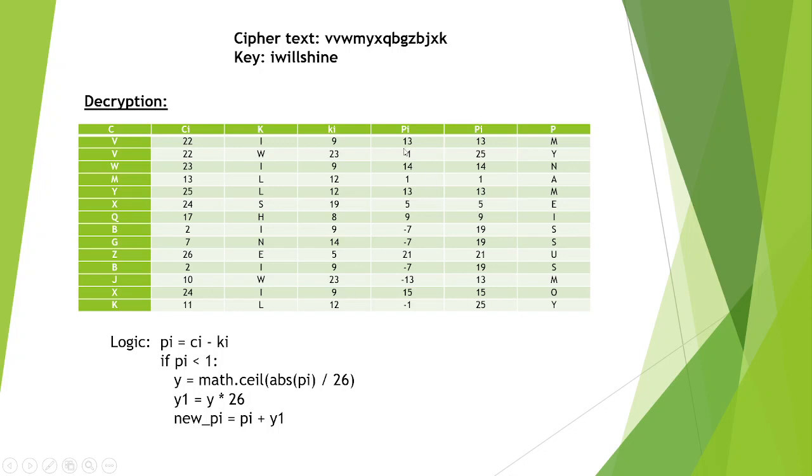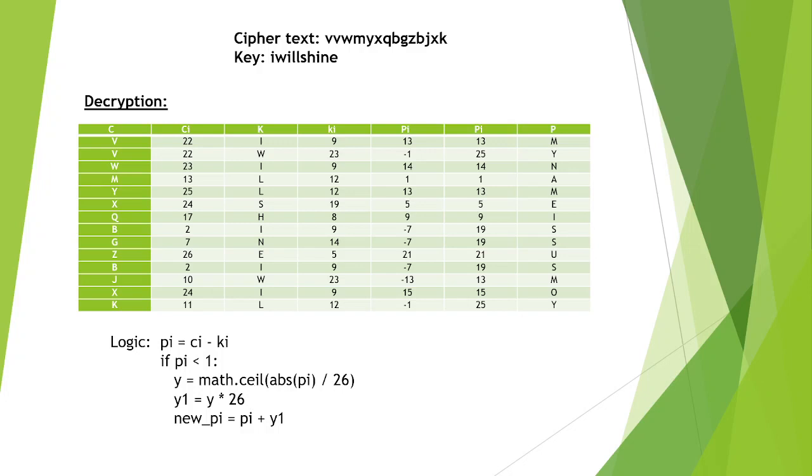We need the absolute value, that means the positive value. After that, we divide it by 26. Then we get some 0 point something value, but we need the upper value. That's why I write math.ceil. It takes the floating upper value.